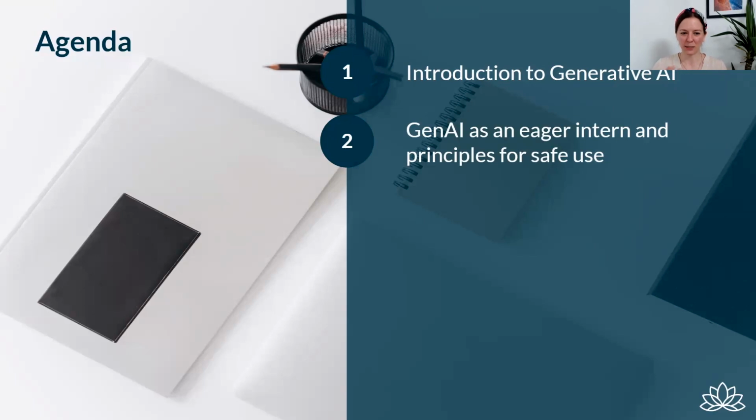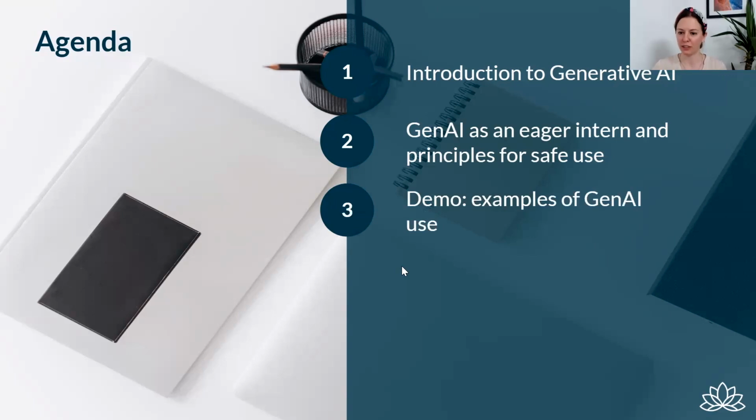But again, there'll be a little bit of that slightly theoretical side of how to think about it and how to approach it in a safe, responsible way before moving on to some proper demos of different ways you could use it to save time and also increase the quality and efficiency of the work that you're doing.